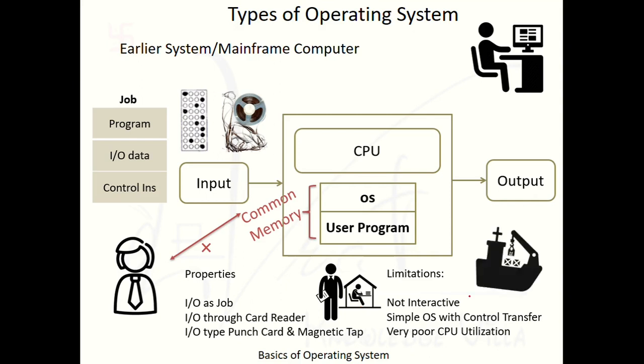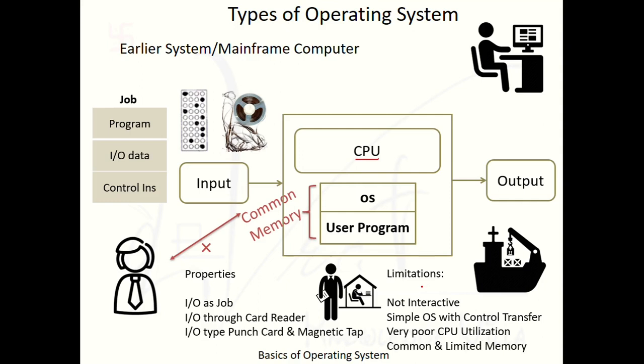Another example is load and unload from ships. There is very much time required to load any type of parcels or luggage into the ship, as well as whenever the ship reaches the destination, again it will require more time to unload the parcels or luggage. So that's why here there was very poor CPU utilization.